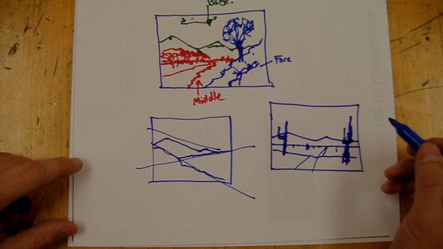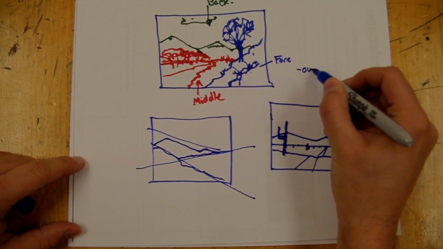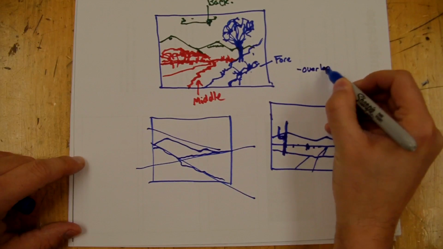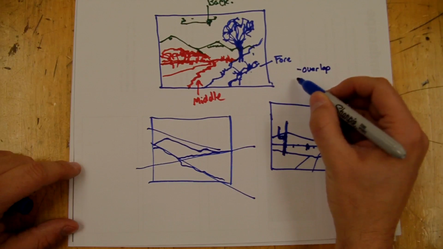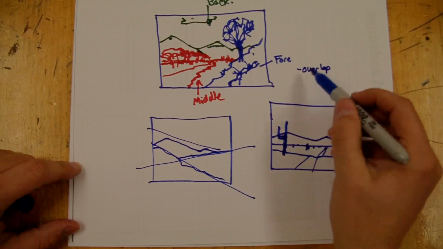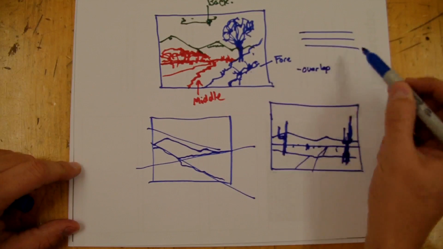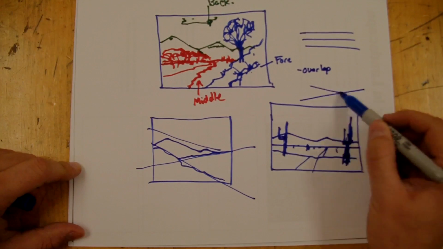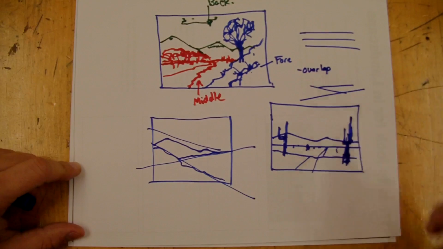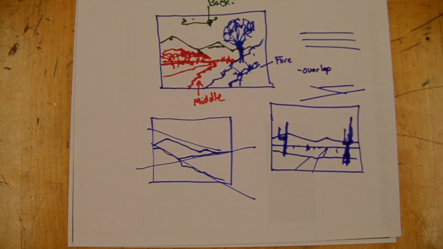So what I really am looking for is overlap, and I'm looking for non-parallel. I don't want to see them all go in a straight line. Parallel meaning 1, 2, 3. I want to see something like 1, 2, 3 or something like that. That would look a lot more interesting.